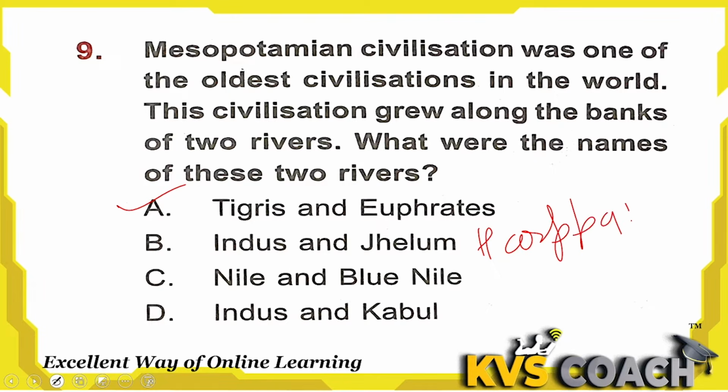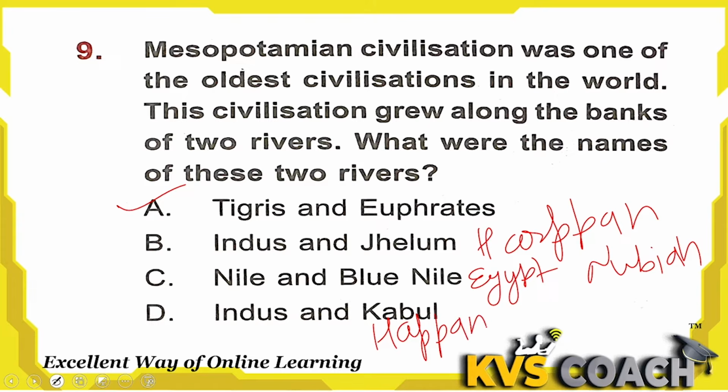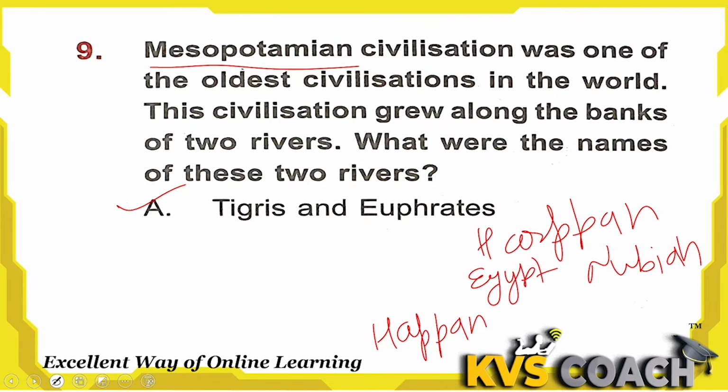Okay, Nile and Blue Nile, that was the Egyptian or Nubian civilization developed here. And for Indus, again it is Harappan civilization, for Indus and Kabul. But the right answer for Mesopotamian civilization is option A.